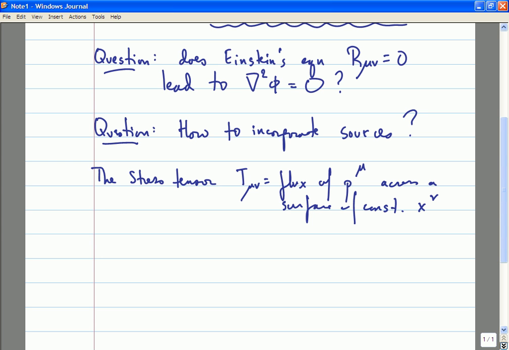And I started last time introducing a particular type of matter, namely that of a perfect fluid, and describing to you what the stress tensor looked like in the case of a perfect fluid. So a perfect fluid is what you think of as a perfect fluid. It's parameterized by two numbers, an energy density and a pressure density.